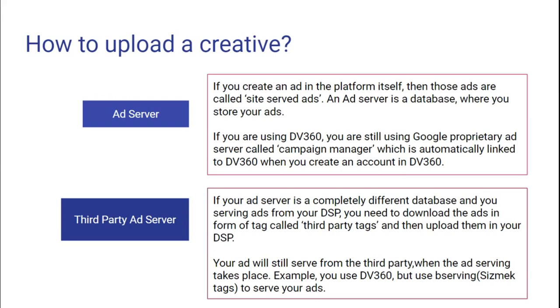But remember, UTM trackers have their own disadvantages as well. They don't track everything. I will make a video about UTM trackers in future. What you have to remember is that if you do not really trust the ad server's metrics, you might want to add some other tracking system.